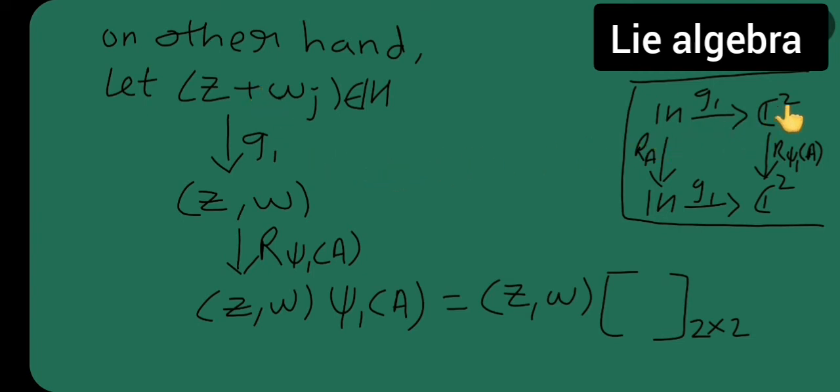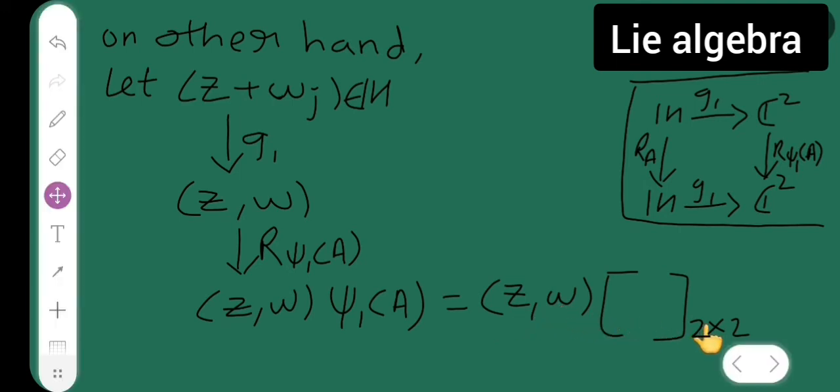Now you have to get it in this form, C2, that is nothing but (z, w). Now this is R psi 1 of A. Now this is (z, w) into psi 1 of A, you have to do. Then this is equal to (z, w) times a 2 by 2 matrix.